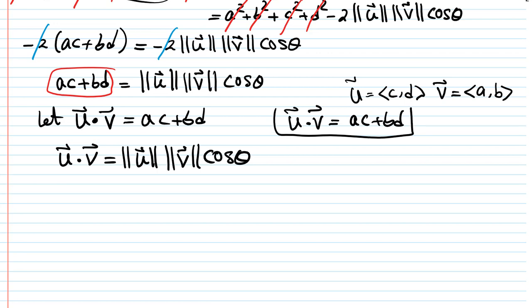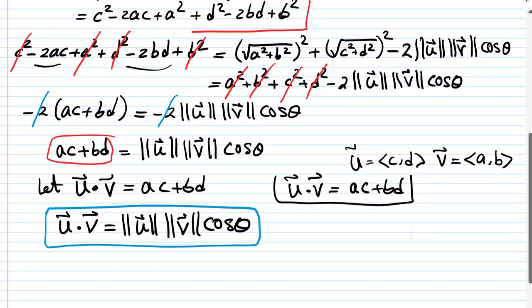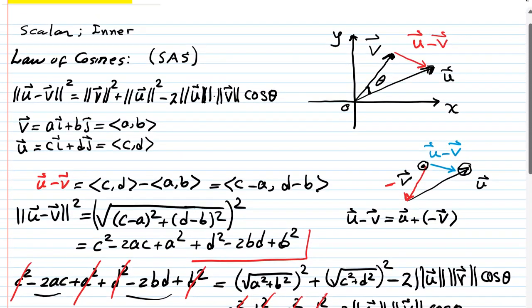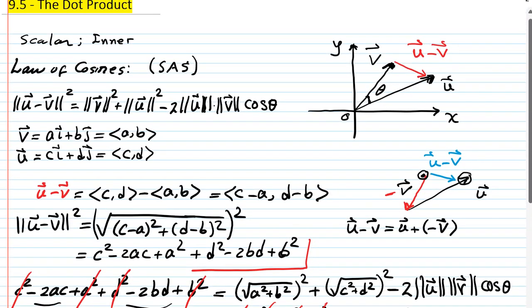So again, hopefully this will give some motivation for this definition. So the geometric interpretation, therefore, of a dot product is this. The dot product of two vectors is geometrically the magnitude of one vector times the magnitude of the other vector multiplied by the cosine of the included angle between them. That is what the dot product is.